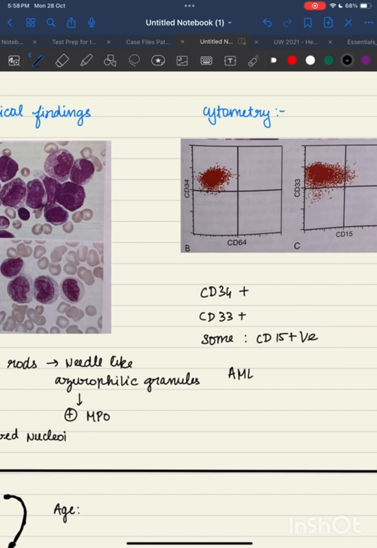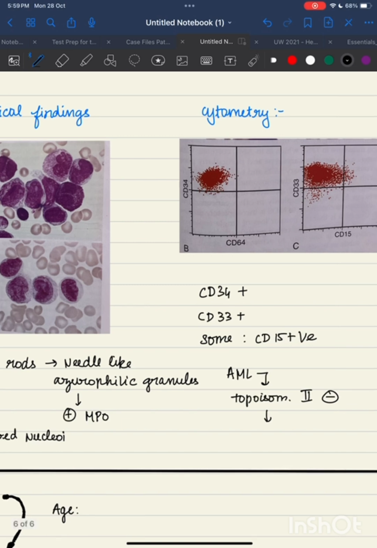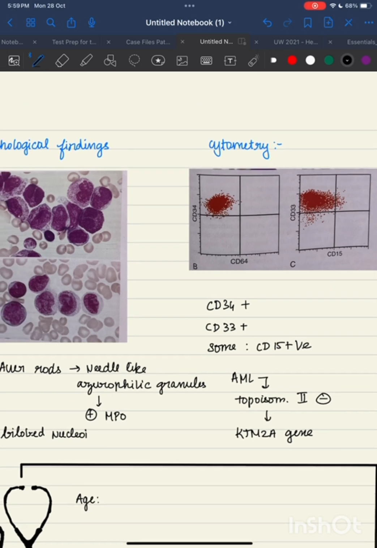AML can occur after treatment with topoisomerase 2 inhibitors, which causes mutation in the KMT2A gene. So it can also result in AML. It is a very bad type of aberration and usually has a bad prognosis.